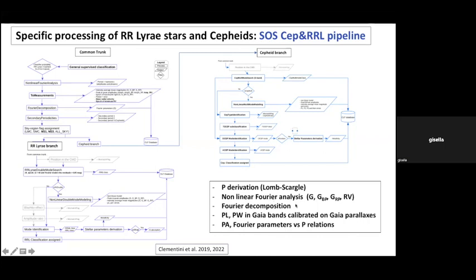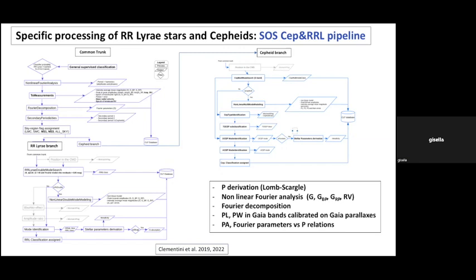And then as tools to validate the classification of these sources and to derive further attributes, we use the period-luminosity and period-Wesenheit relations in the Gaia bands calibrated on Gaia parallaxes for the Cepheids in particular, and the period-amplitude relation and Fourier parameters versus period relation for the RR Lyrae.